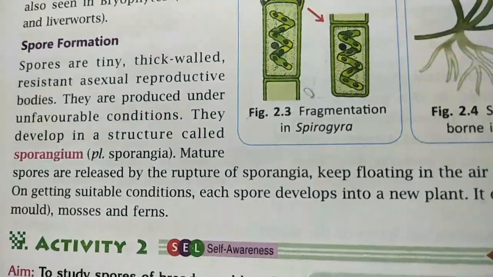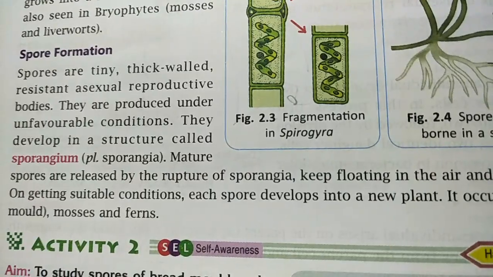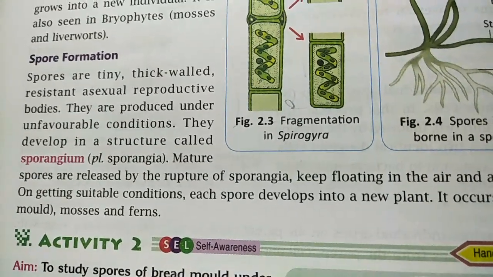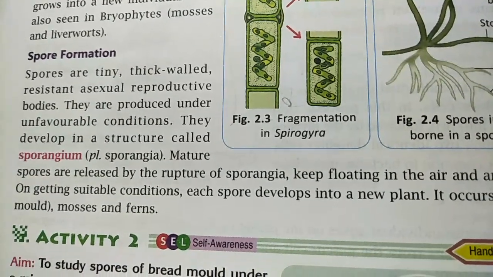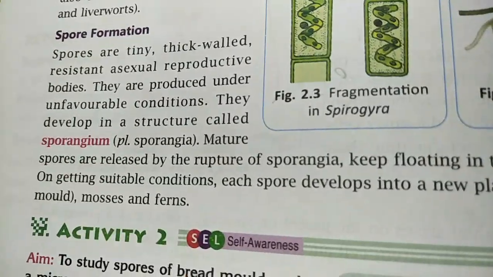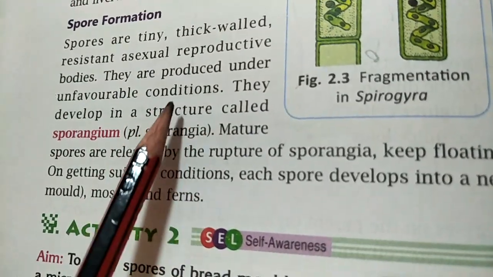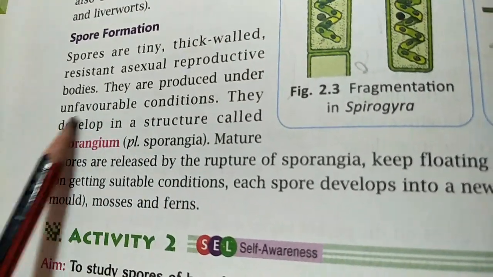Then we come to spore formation. Spores are tiny, thick-walled, resistant, asexual reproductive bodies. These are produced under unfavorable conditions. It is very important to understand that in most cases, spores are formed under unfavorable conditions.